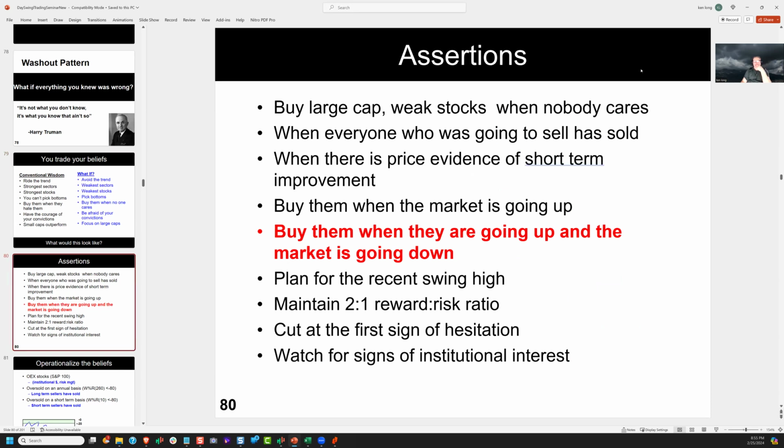This would be the concept. Buy large cap, weak stocks when nobody cares. So they're not going up very strong and they're not selling off any further, but they've come to a momentary pause. And you'll be buying them.